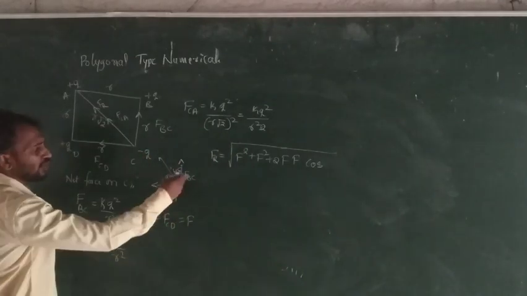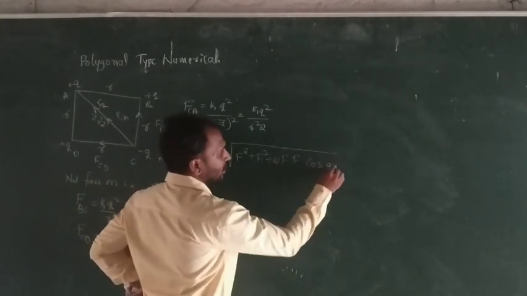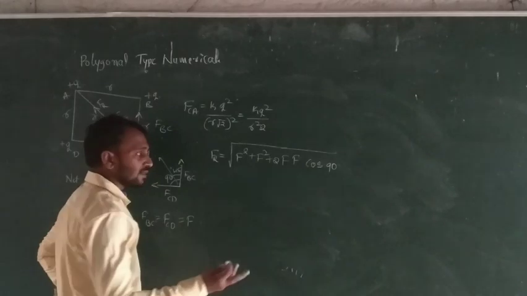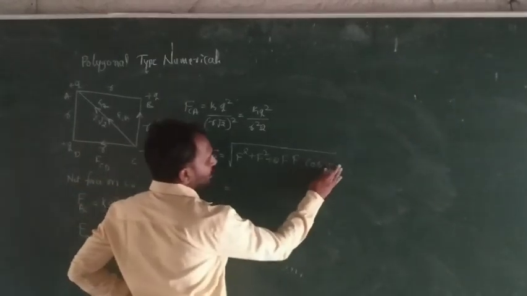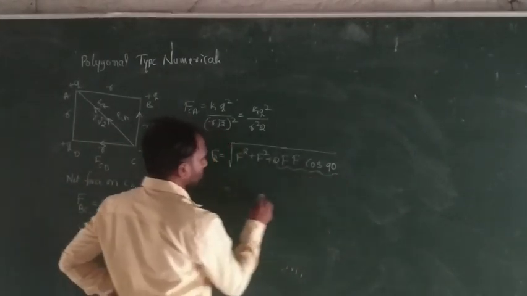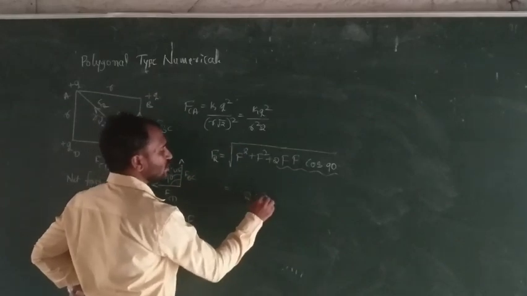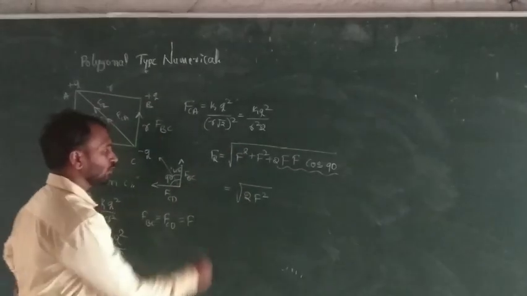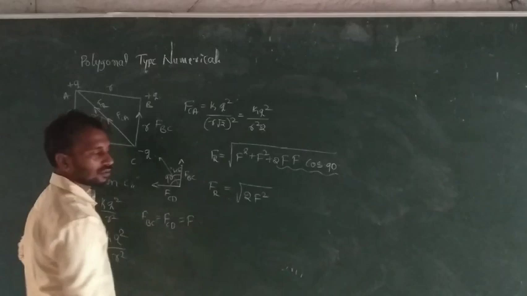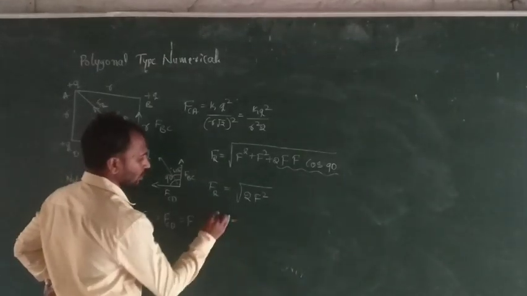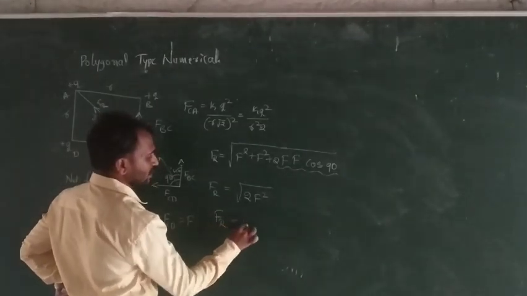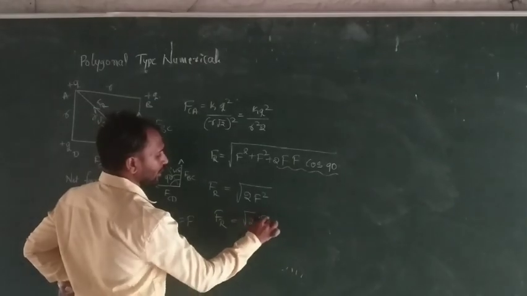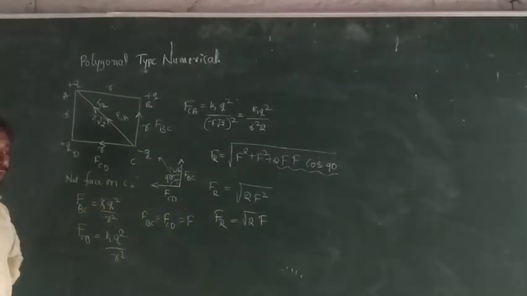The angle between these two vectors is 90 degrees, cos 90 is 0, so the whole term is 0, then we get root of 2F square. It means the resultant force is equal to root 2 into F.